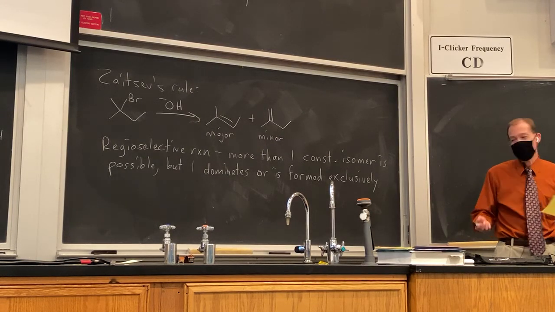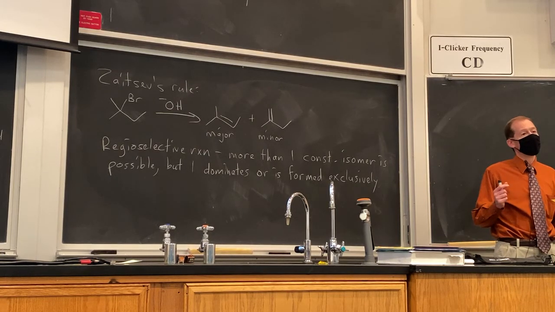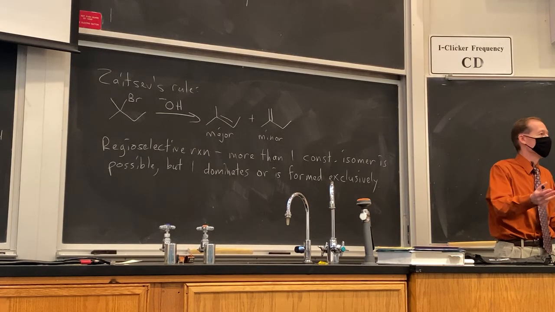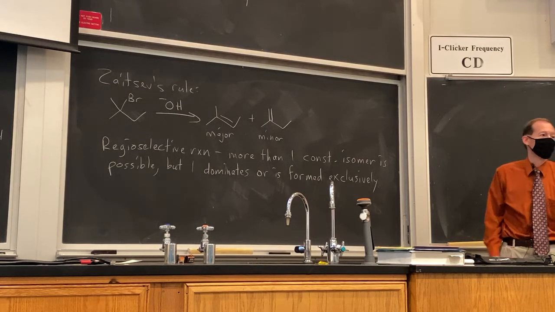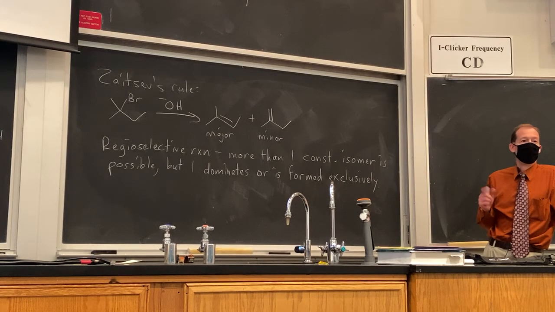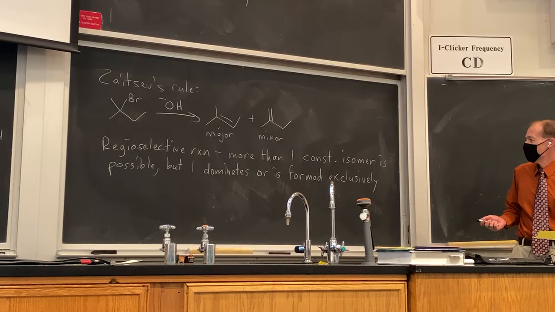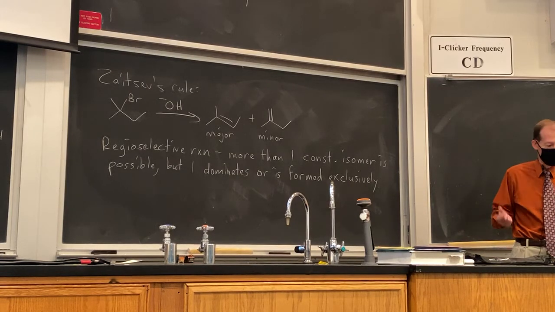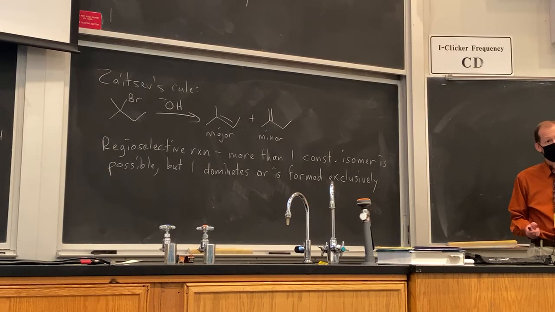We're just going to say that usually on a test, we'll just ask you to draw the major product, and it doesn't matter if it's the only product or the major product. We would treat that the same, okay? All right, so when we have more than one constitutional isomer that's possible and one dominates or is formed exclusively, that is known as a regioselective reaction.